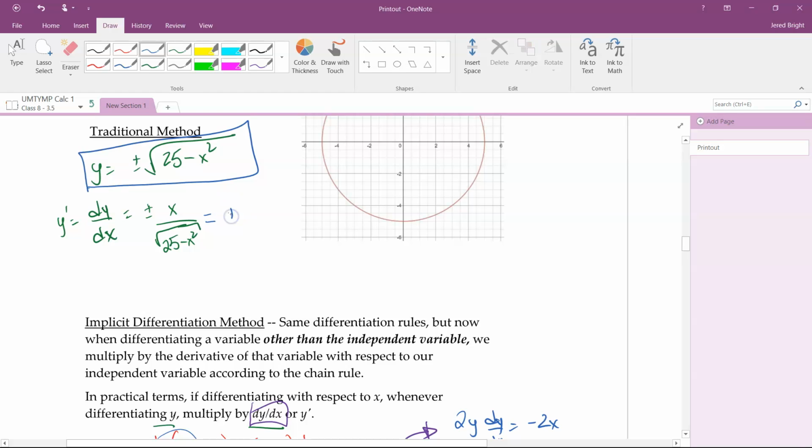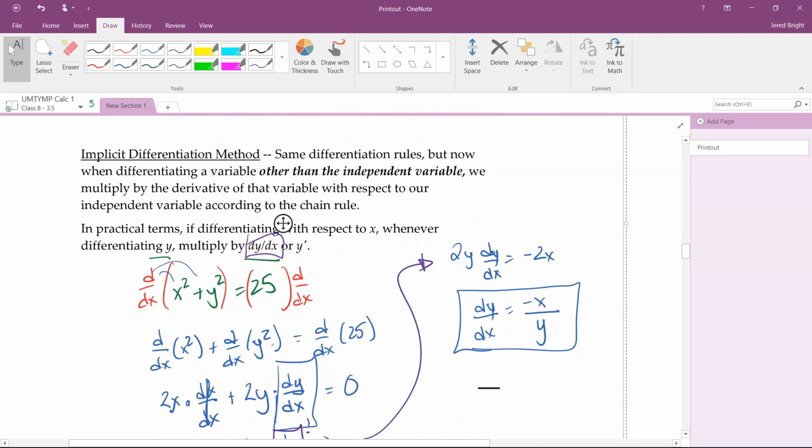So I could rewrite this as plus or minus x over y, and the plus and minus was a consequence of the square root, and this should be minus plus, I forgot to write that down. But if you absorb the plus and minus with the y, we would end up having negative x over y. Again, you have to go through the math to do that formally, but you do end up getting the same result. Just by implicit differentiation, it might come out a little neater.